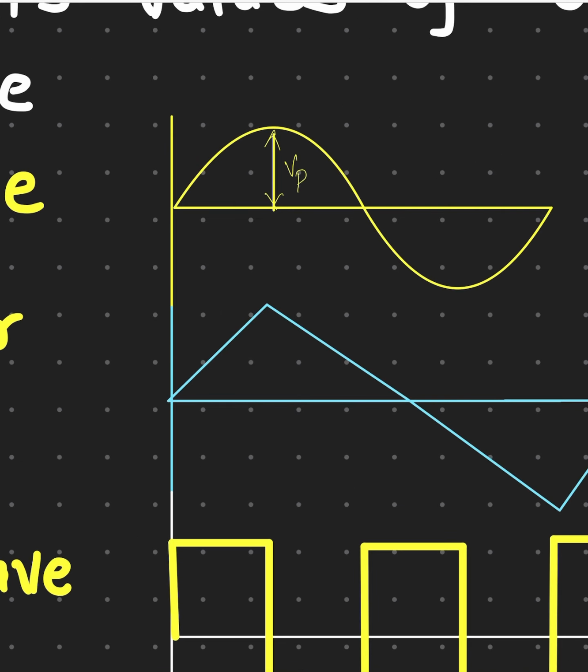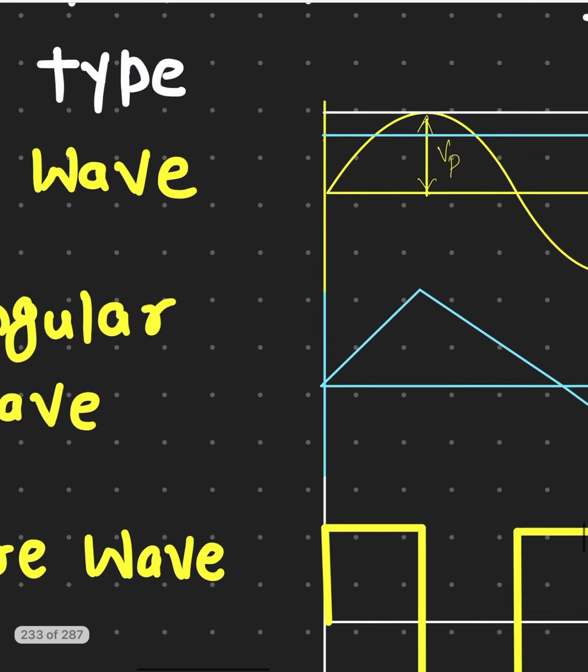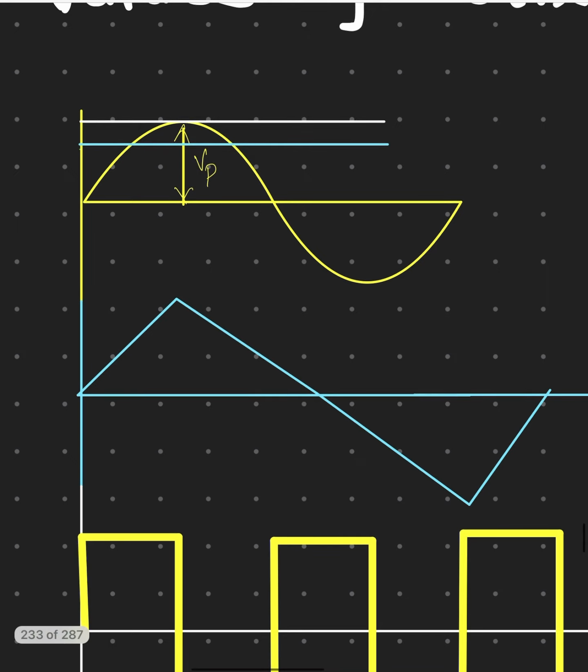The RMS value would be a little bit smaller, about 71%. That is my RMS value, and this is my peak value here. This is my peak voltage, and that is my RMS voltage. Vrms. This is my RMS and this is my peak voltage.